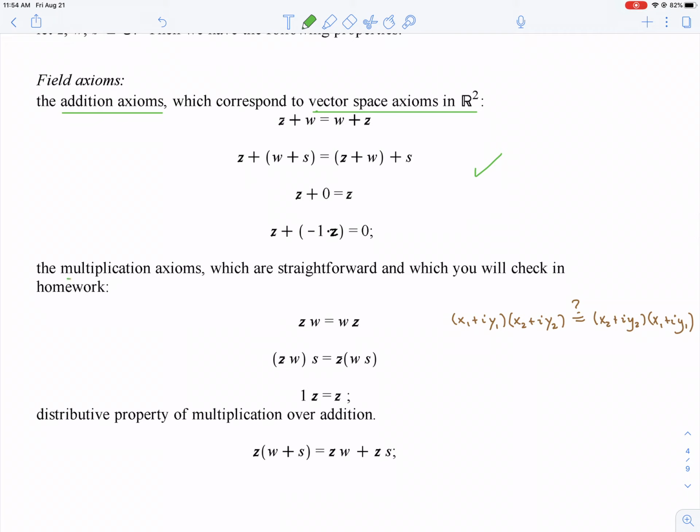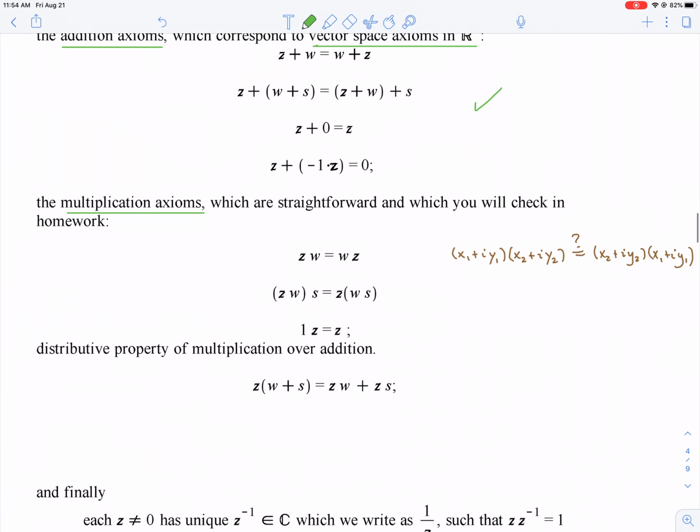The multiplication axioms are just as straightforward algebraically. I'll make you check at least one of these in your homework. So for example, if you wanted to check that zw always equals wz, you could write down zw and wz, and then you could multiply out, and you'd see that the real parts on each side agree, and the imaginary parts on each side agree. So the complex numbers in the products on each side agree.